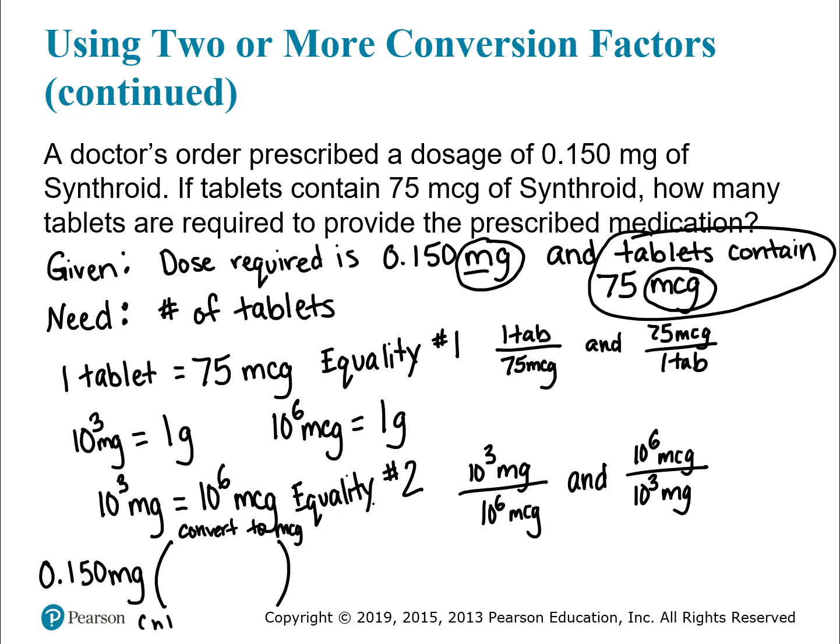So we're going to use the second equality first. We're trying to get rid of milligrams and instead go for micrograms. We want to get micrograms on the top. So that's what we're going to fill in here. 10 to the 6th micrograms on the top, 10 to the 3rd milligrams on the bottom.